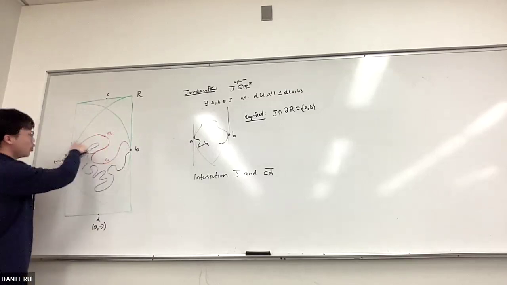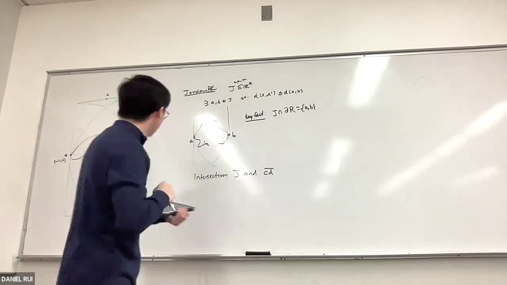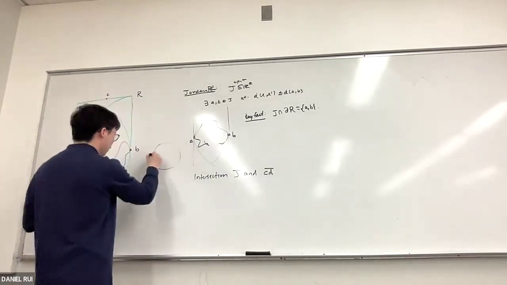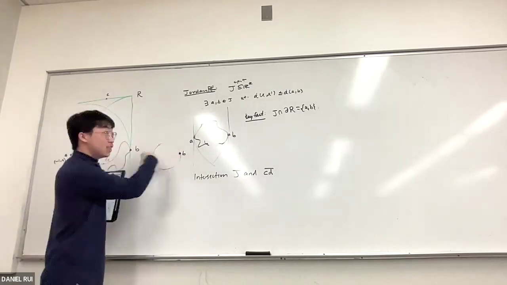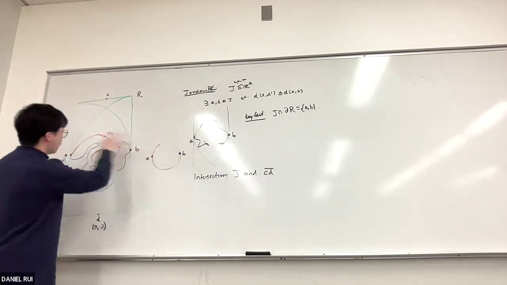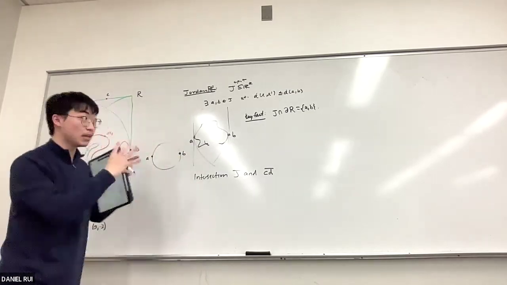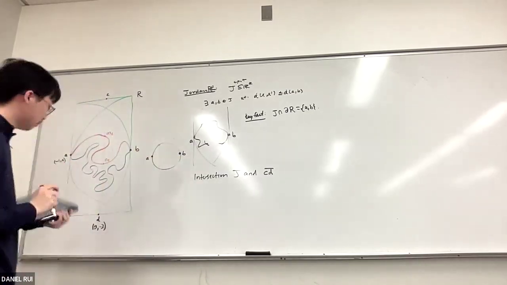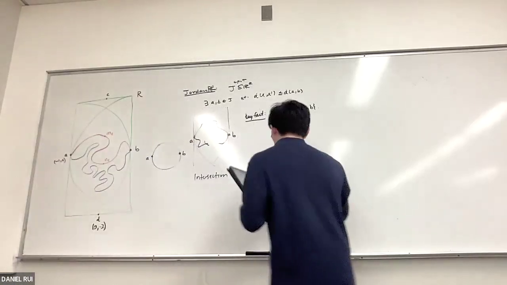In fact, there are two pieces of J that go between them, because you just look at the homeomorphic image of the circle. Here is the image of A, here is the image of B. There are two pieces of the circle, and this arc must be one of them, and the other arc will be the other. And they don't intersect again because the map from the circle to the Jordan curve is injective. It's an embedding. Okay, so the intersection between J and CD is non-empty.